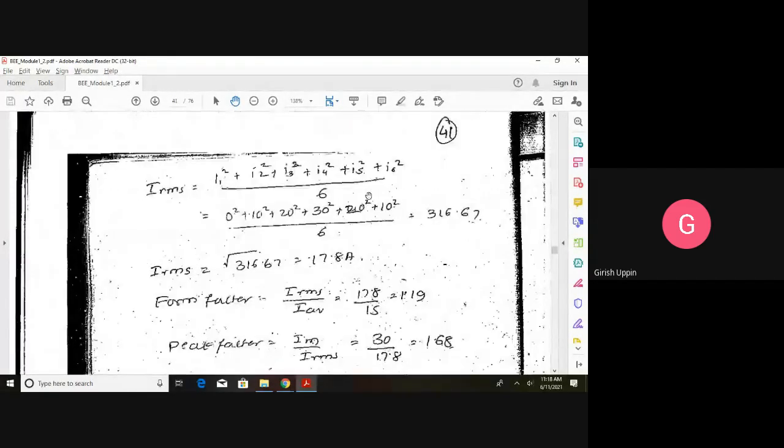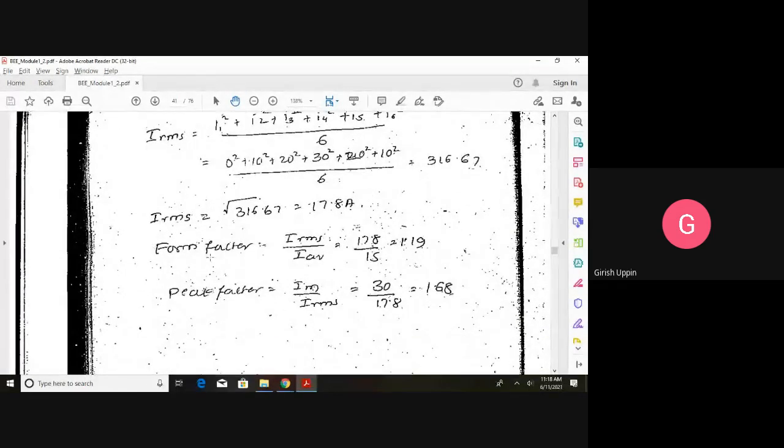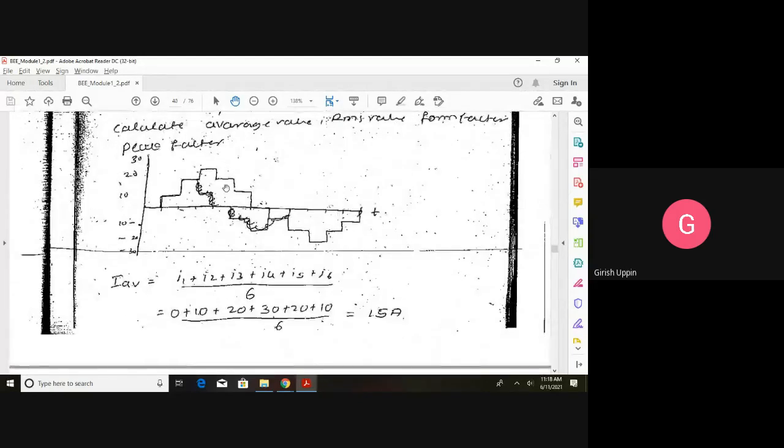Once you know the RMS value and average value, you can calculate the form factor. Form factor is IRMS divided by I average, 17.8 divided by 15, that is equal to 1.19. Then peak factor is equal to Im divided by IRMS. Im is 30. Why? You can see here the peak value is 30.